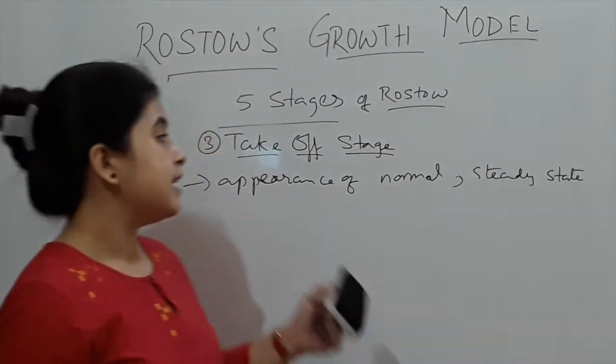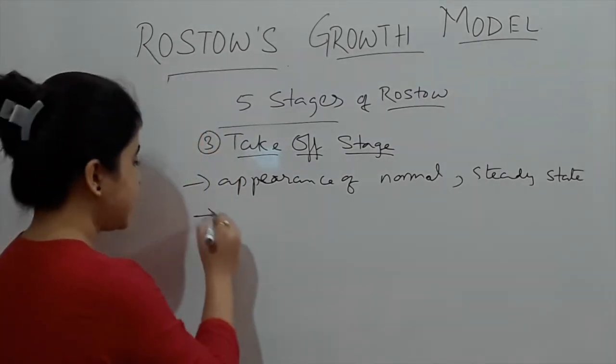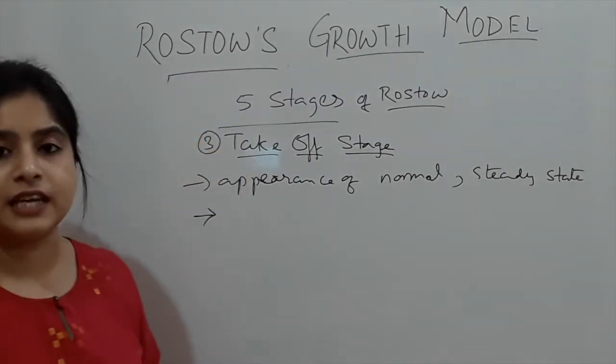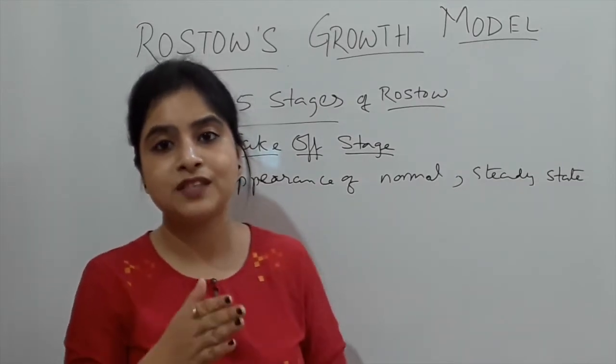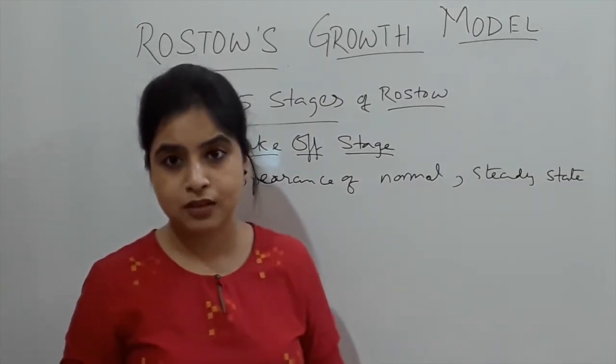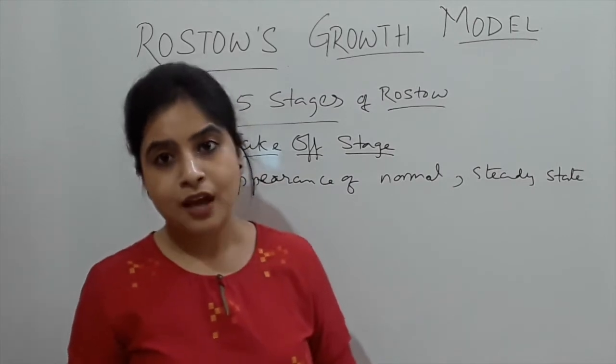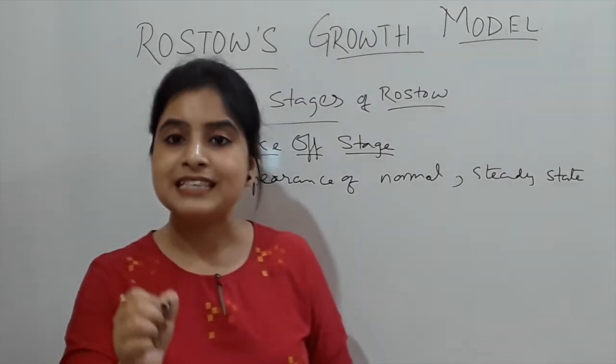Okay. The next point under this takeoff stage is that Rostow has clearly mentioned that the ratio of saving and investment to the national output has to rise to at least 10%.